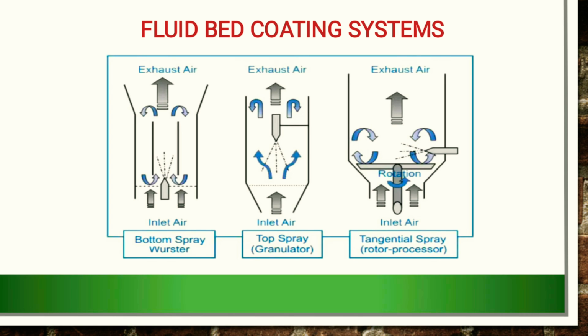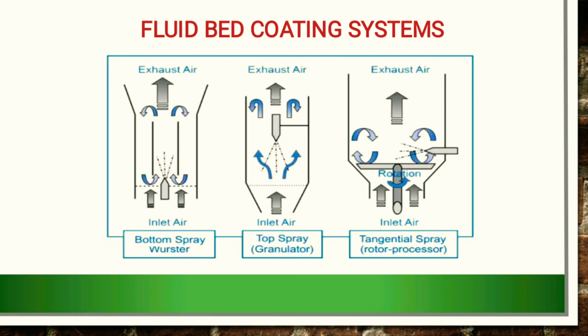The first one, as you can see in the diagram, is bottom spray. This type of spray is preferred for application of rate controlling polymer to a wide variety of multi-particulates. This process is also suitable for drug layering when the drug dose is in the low to medium range.